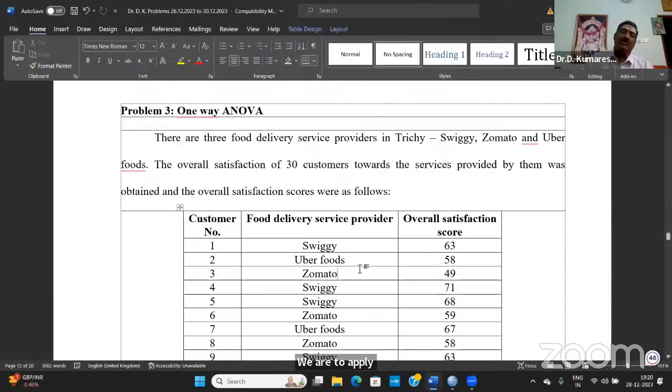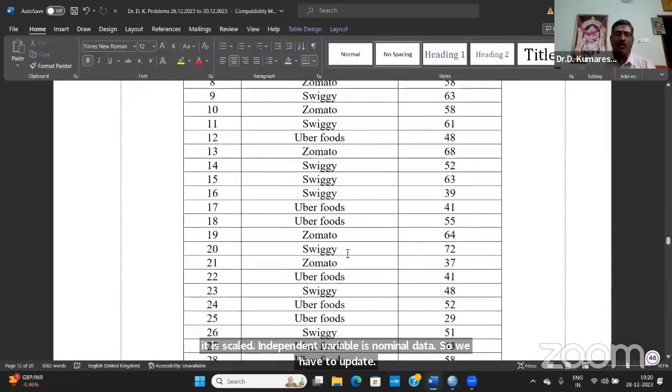So one-way ANOVA or two-way ANOVA, only one independent variable. This is the independent variable, and overall satisfaction score is the dependent variable. Dependent variable scores are given. So it is scale data. Independent variable is nominal data. So we have to apply one-way ANOVA.